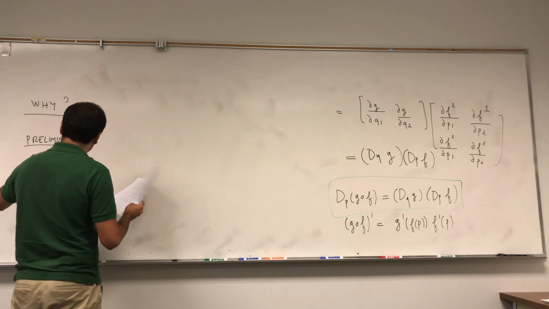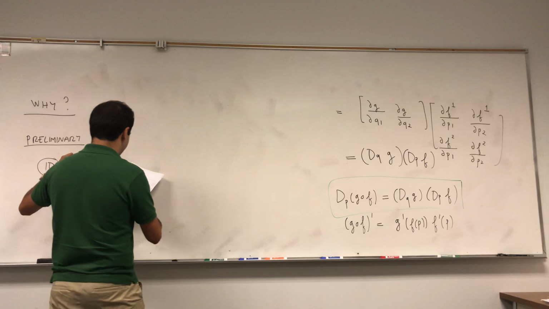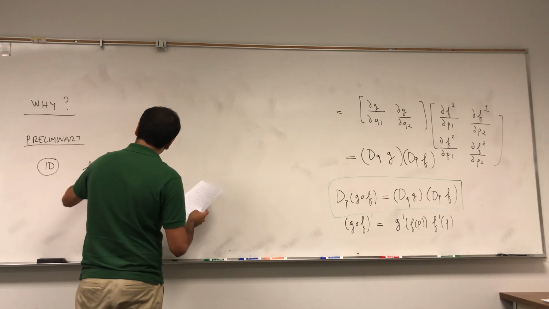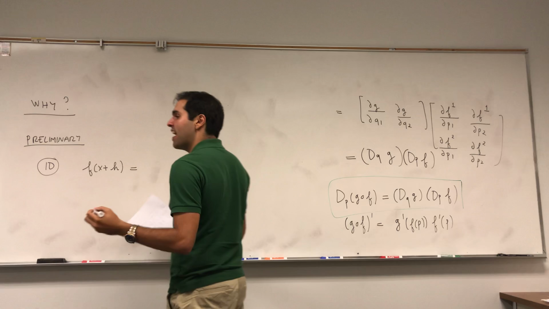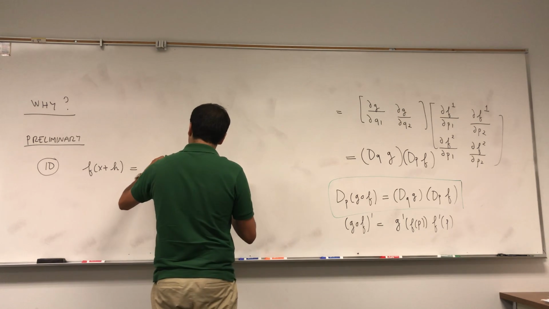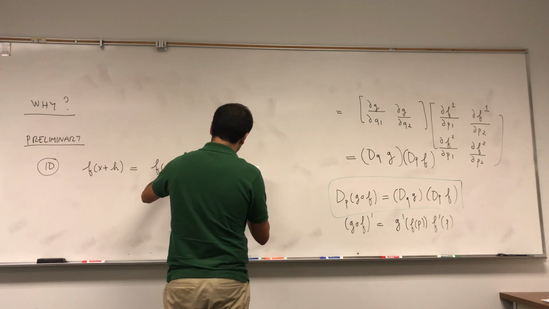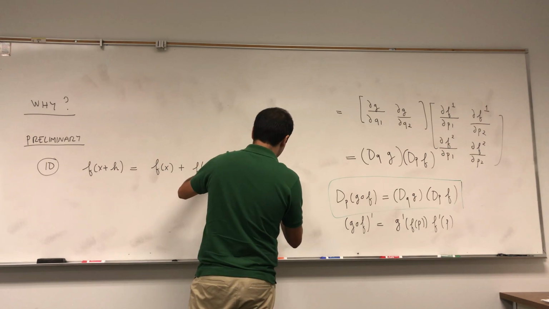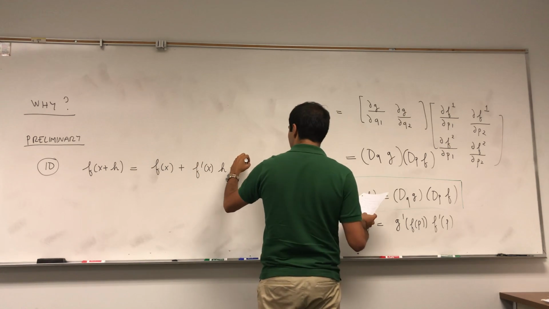Remember in one dimension, you had this linearization thing going on, or thing like Taylor polynomials. You have that f of x plus h equals f of x plus f prime of x times h plus higher order terms.